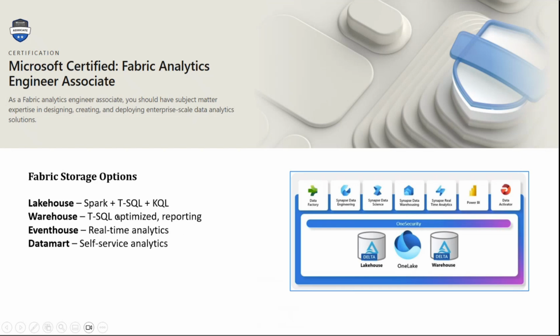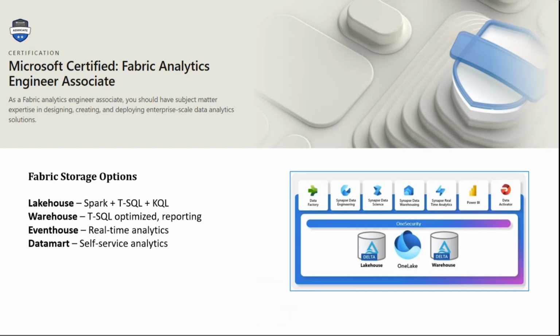We can store files as well as tables. Then we have Warehouse, which is also built on top of the OneLake capability of Microsoft Fabric. In Warehouse, we can build relational tables, use T-SQL optimized queries, and use these tables for reporting purposes.